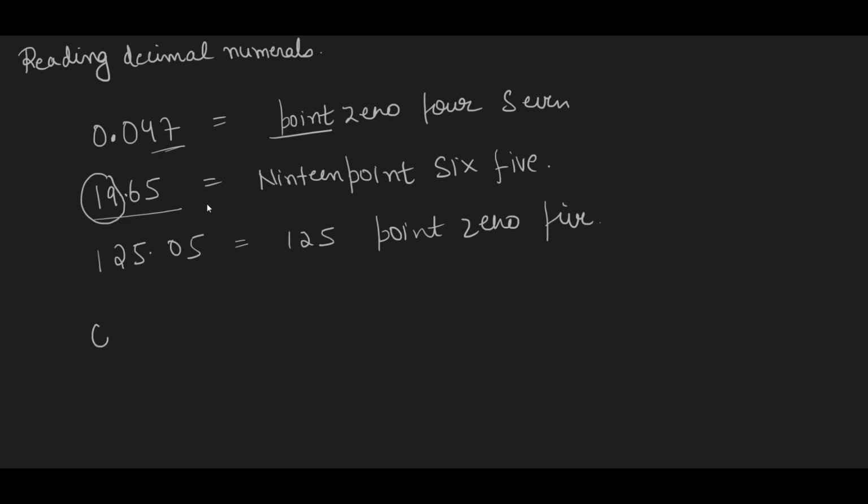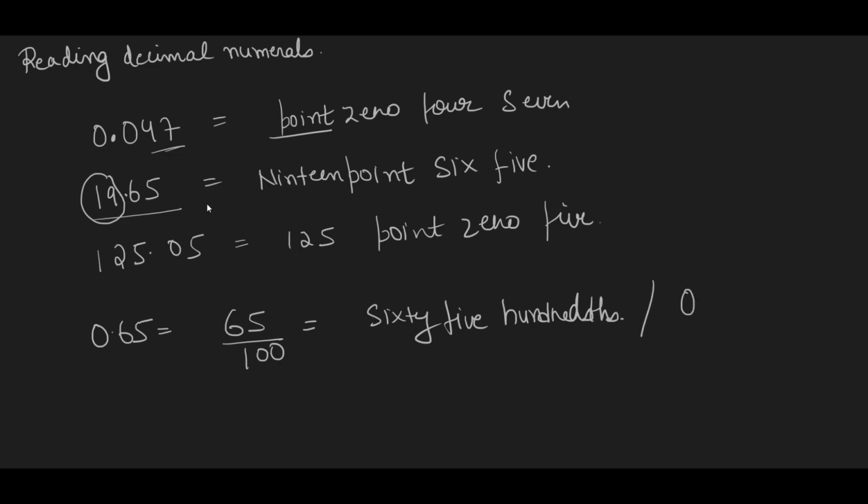Now you have 0.65. So 0.65 is basically 65 upon 100, and that means 65 hundredths, or 0.65.